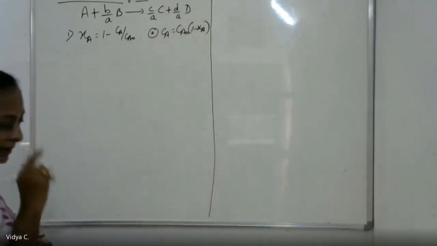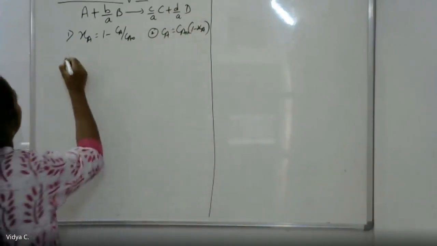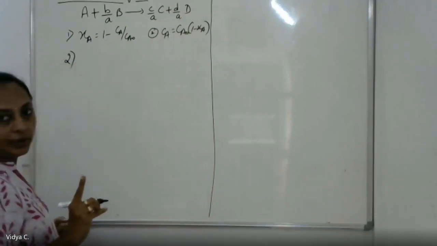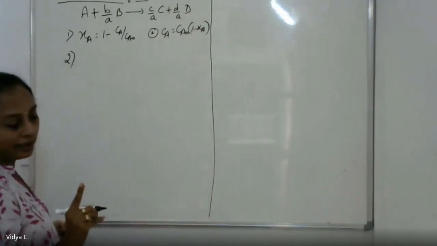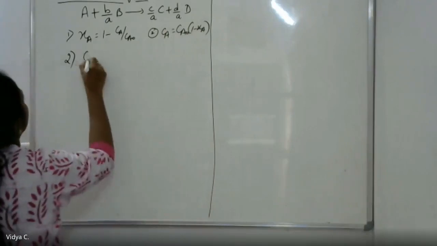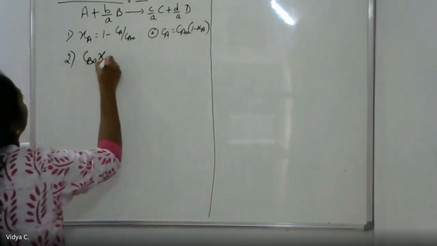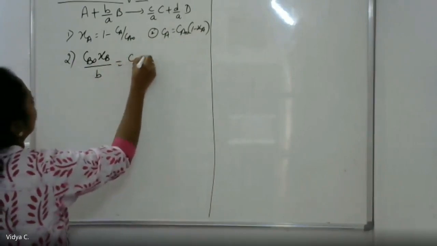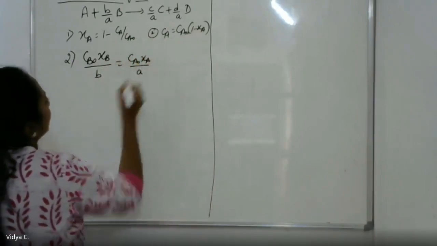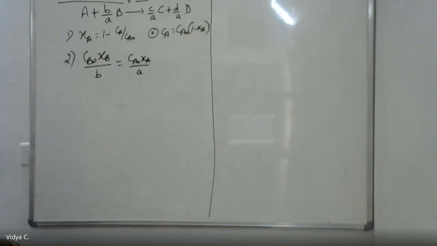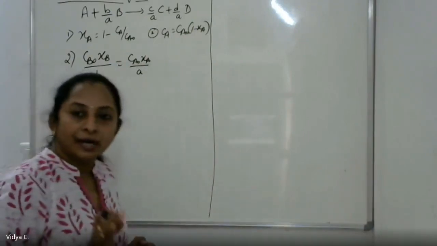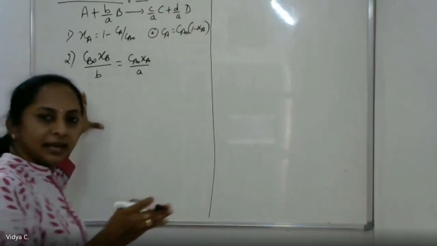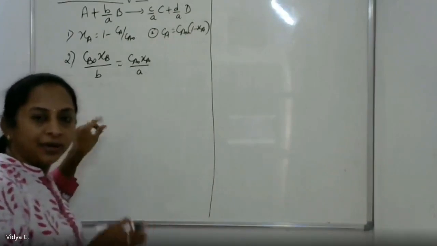And next, the formula I would like to finalize is CB naught into XB by B is equal to CA naught into XA by A. This is one formula which you should remember. So how do you actually get this formula? This is again from the basic equations you have already derived.